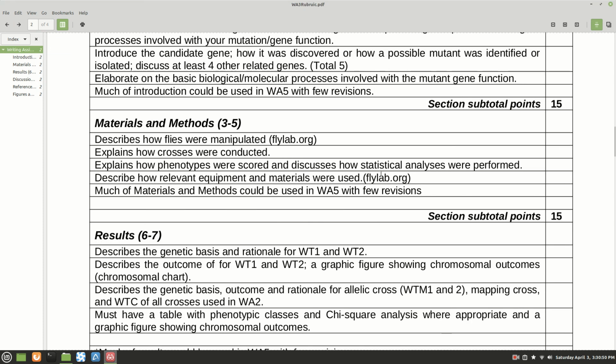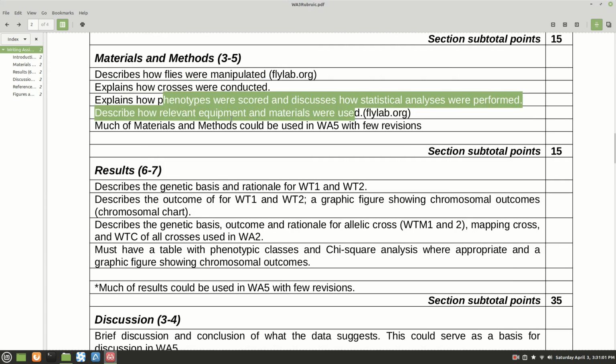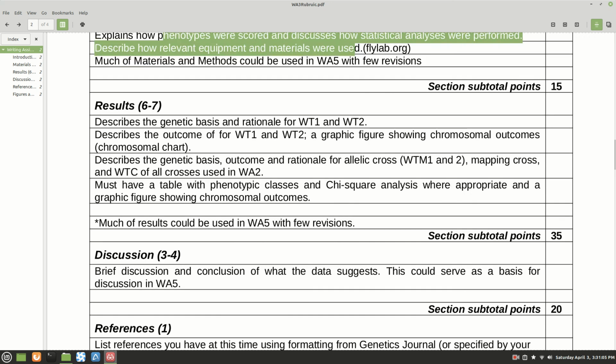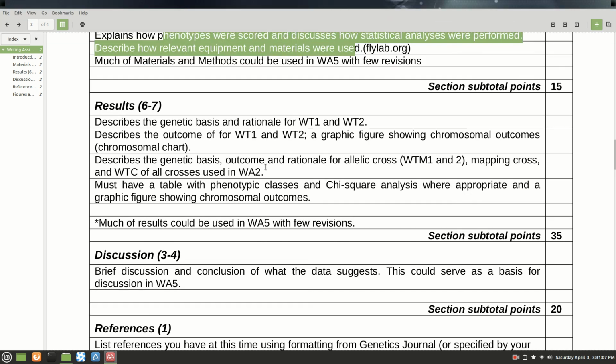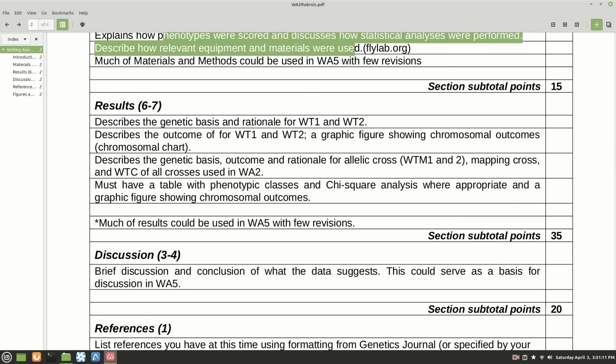Also, organizing your results from WA1, talking about how chi-square works here and how FlyLab works, how the crosses were conducted, but that's still FlyLab. Here is where you discuss your results. So you can probably put a lot of tables in here with your results in it. And I do allow you to put tables in your results if you want. You can put them at the end and refer to them, or you can put them in here and talk about them if you would like.